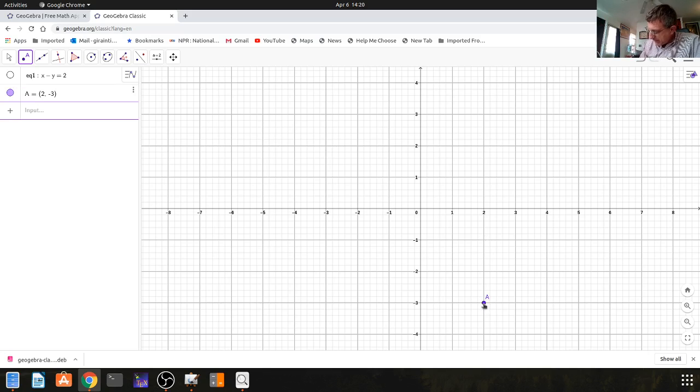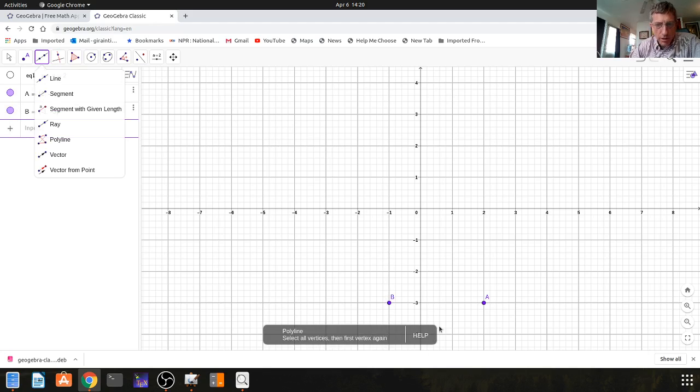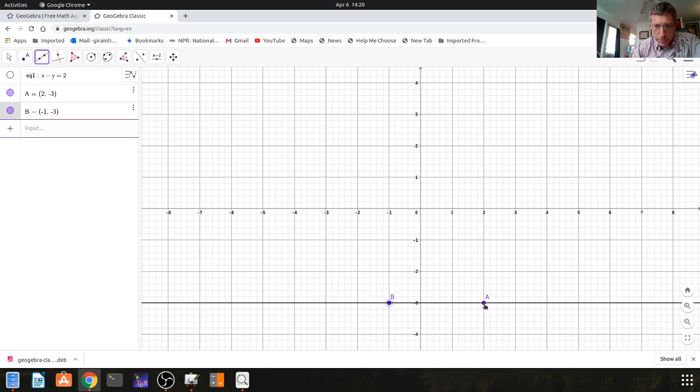My next value is minus 1. So here's my minus 1, and everything up on this little line corresponds to x is equal to minus 1. And I have to land on minus 3. So let's draw a line between those 2 points. Wow, it's a horizontal line. Well, let's plot our very last point just to make sure.